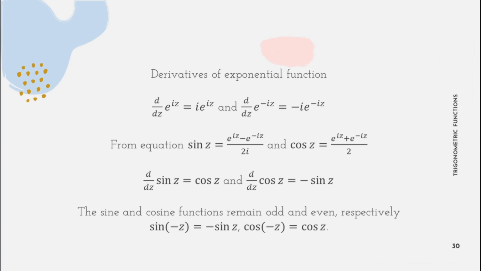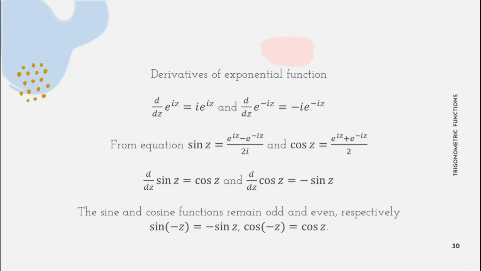From the equations sine z is equal to exponential iz minus exponential minus iz over 2i, and cosine z is equal to exponential iz plus exponential minus iz over 2, the derivative of sine z is cosine z, and the derivative of cosine z is minus sine z.